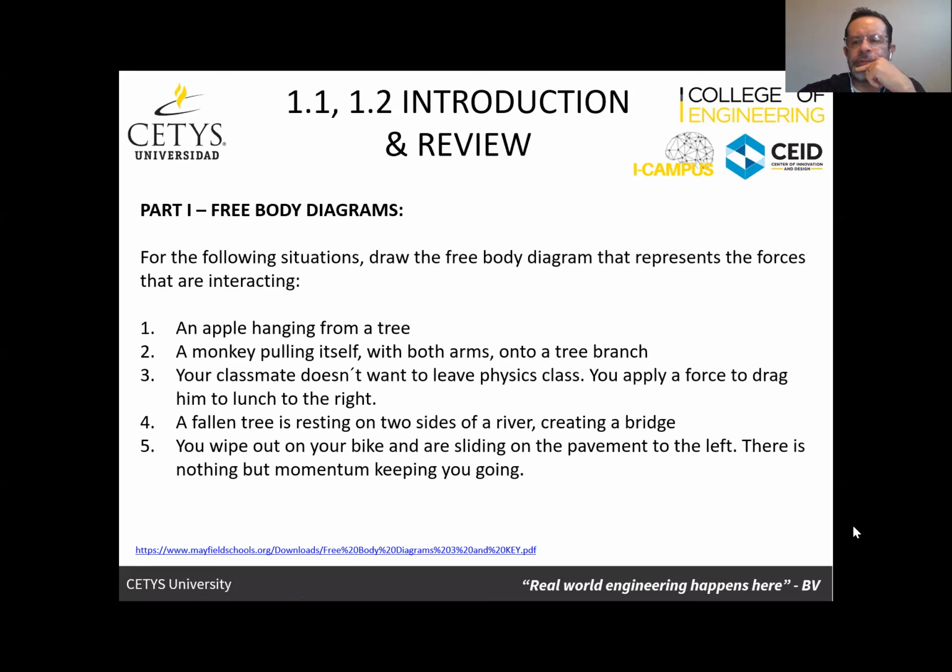How would we represent that free body diagram? I'm going to be doing some very ugly drawings, by the way, because drawing is not my forte. But maybe the ugliness of the drawings will help you remember some stuff. So problem number 2, a monkey pulling itself with both arms onto a branch.